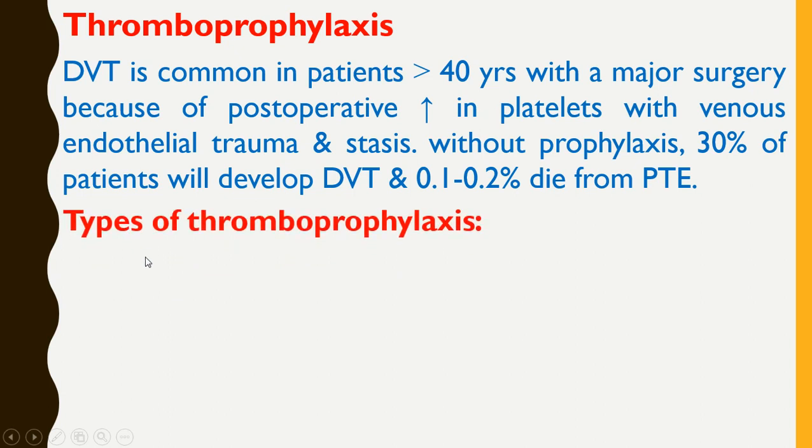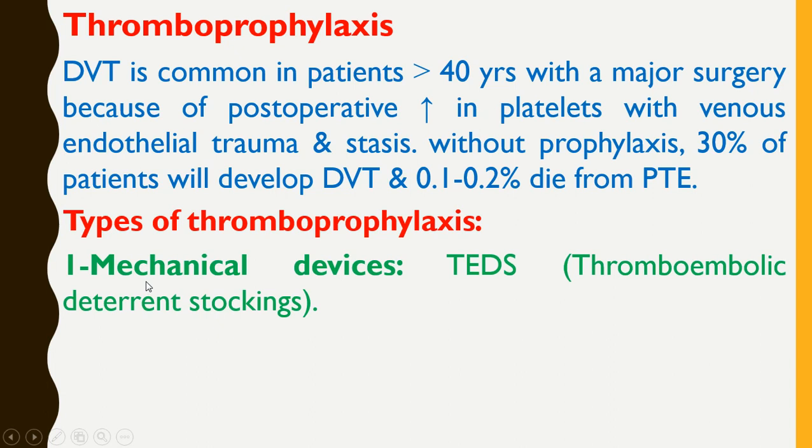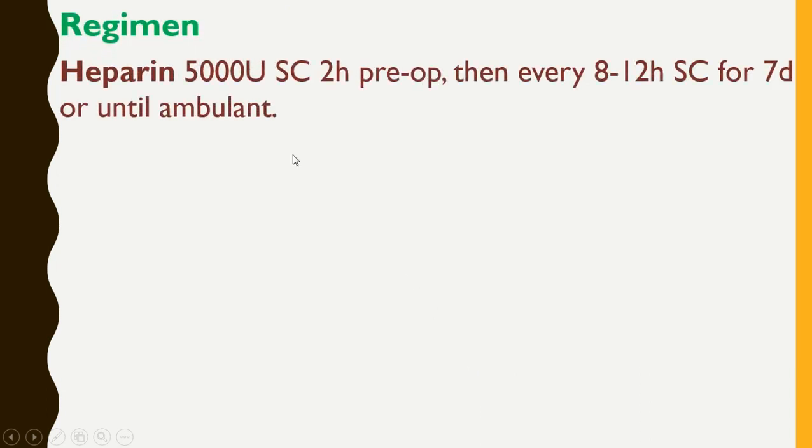Types of thromboprophylaxis: mechanical devices like TEDs, thromboembolic deterrent stockings, and drugs like heparin and low molecular weight heparin. The regime: heparin 5,000 units subcutaneously 2 hours pre-operatively, then every 8 to 12 hours subcutaneously for 7 days or until ambulant.